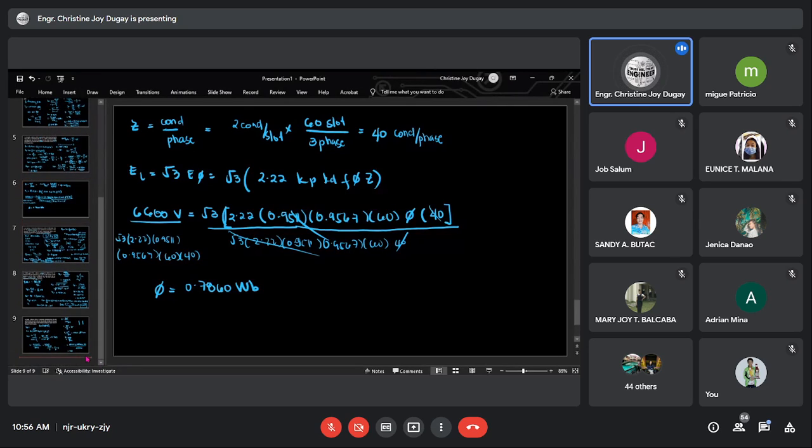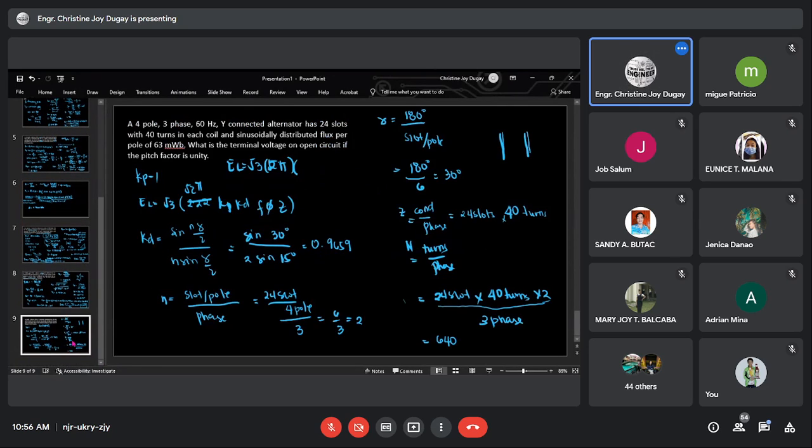And if we are going to analyze this number, kung Z ang gagamitin natin, conductor per phase, i-divide natin siya ng 2 since sa isang coil natin, meron tayong 2 conductors. Okay, so ganun na muna ang solution nito. So, we're not going to multiply it by 2 since ang target natin is turns per phase.